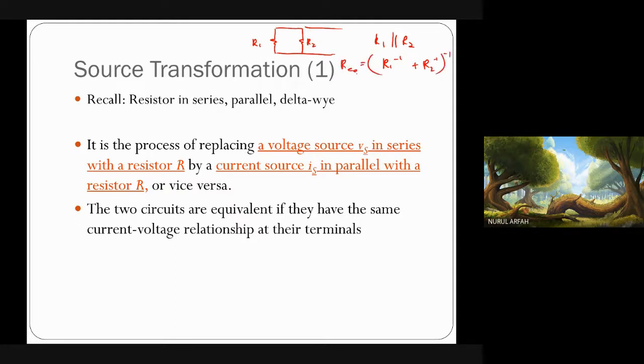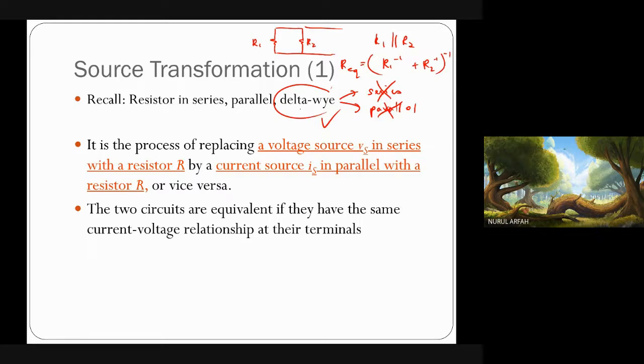You get the equivalent. Okay, y delta or delta y. Use this only if you do not have series or parallel. If you cannot find these two, then only you use delta y or y delta. Okay. Jangan terus masuk je buat delta y.